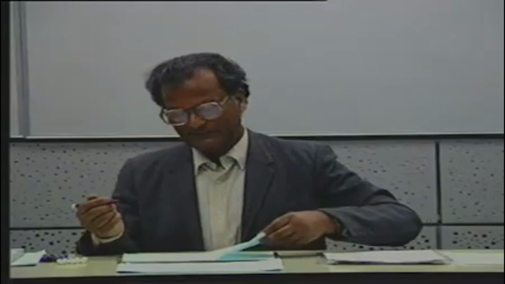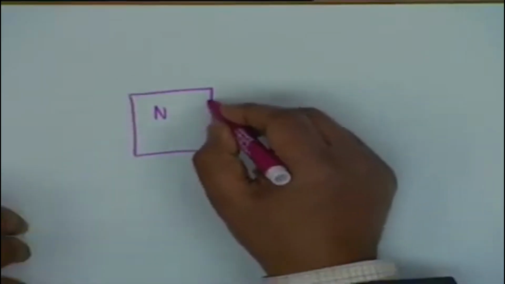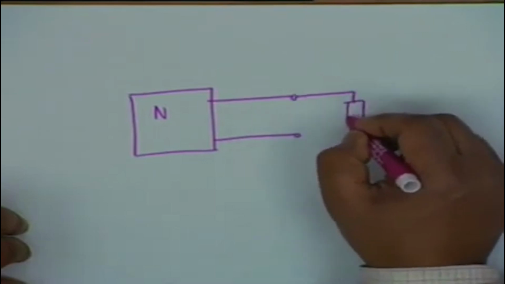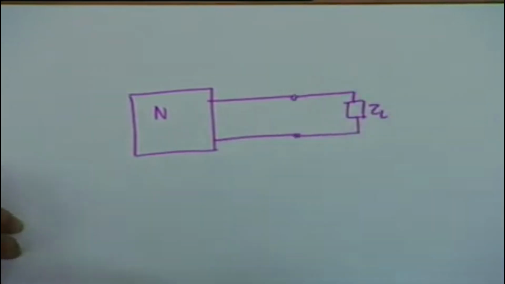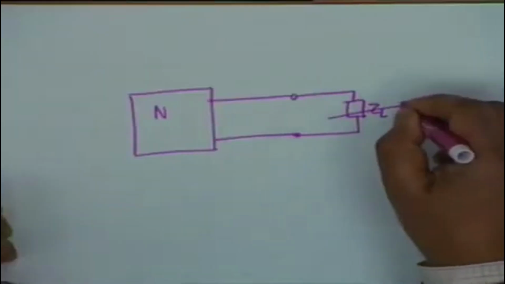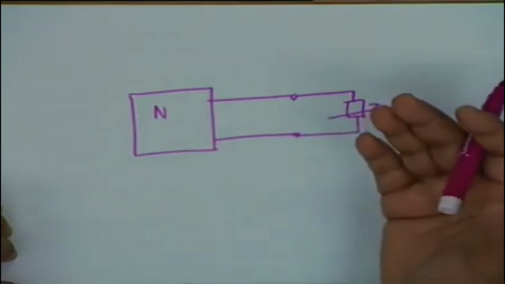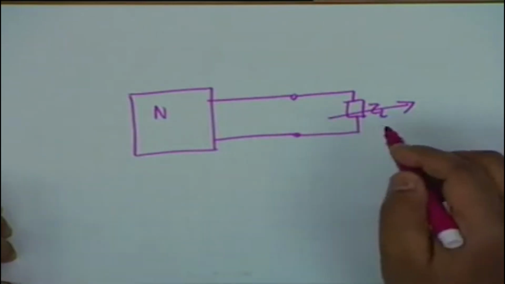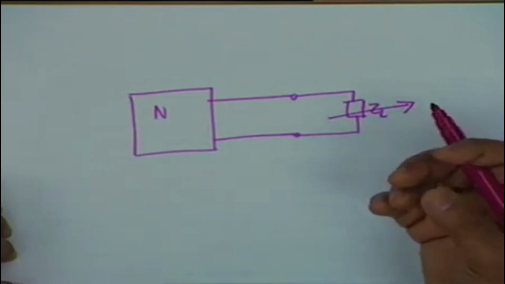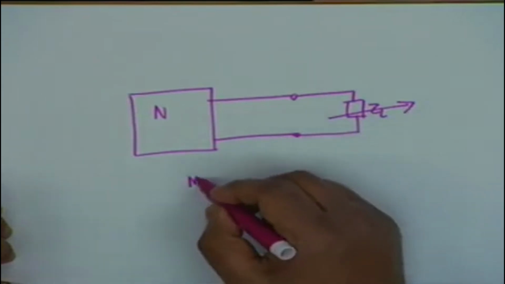The point is, if you have a load ZL to be connected to the network N, we ask the question: under what condition, if the load ZL varies and the network is fixed, the network containing sources, inductance, capacitance and resistance, will the load absorb the maximum possible power from the network?